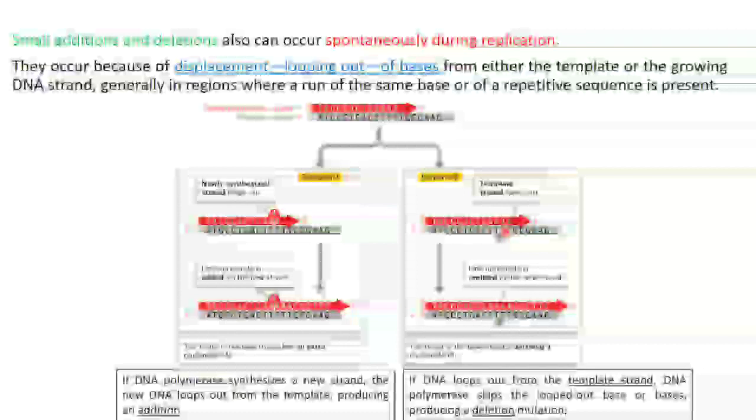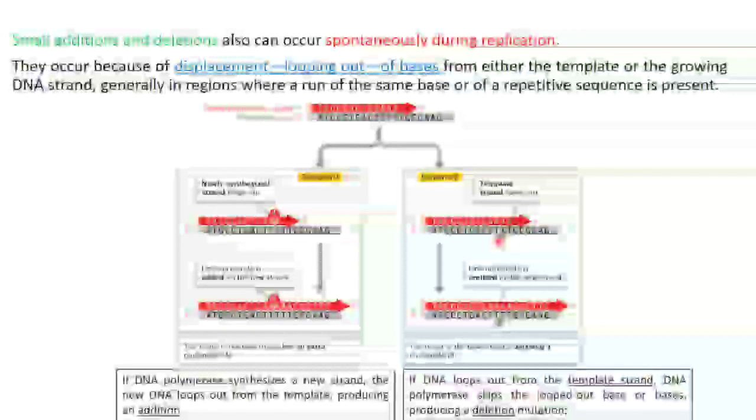So imagine, guys, here we had a stretch of thymines. You see them, guys, here we have 5 thymines, T. In this stretch of thymines, by chance the template will loop out one of the thymines, it appeared a bit outside, creating a loop at the level of the template.